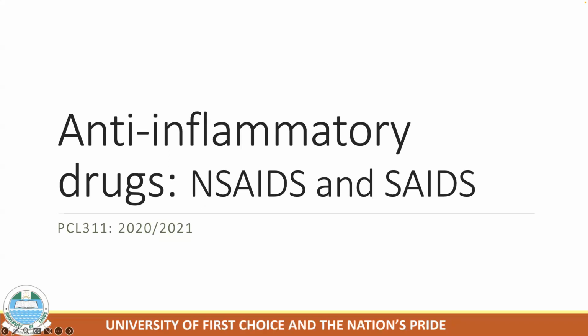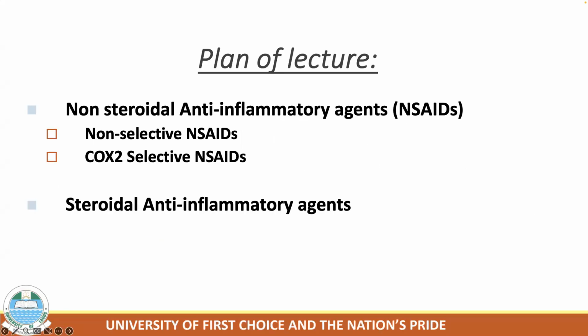So we have two classes of pain relievers here, the NSAIDs and the SAIDs. The SAIDs are the steroidal anti-inflammatory drugs, while the NSAIDs are the non-steroidal anti-inflammatory drugs. Let's first talk about the non-steroidal before we go to the steroidal. The non-steroidal anti-inflammatory drugs are divided into two: the non-selective NSAIDs and the COX-2 selective NSAIDs.